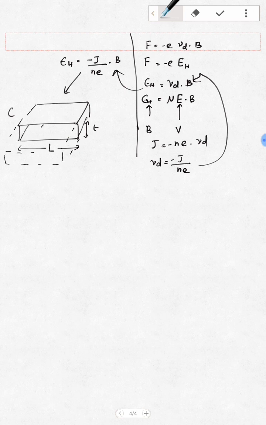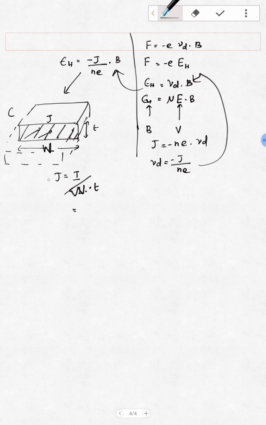What is the area across which the electrons are flowing? It is nothing but current density J. So J, I can write as the current divided by area. The area is nothing but the width of the conductor, let's take this as W, times the thickness. That will give me the area.